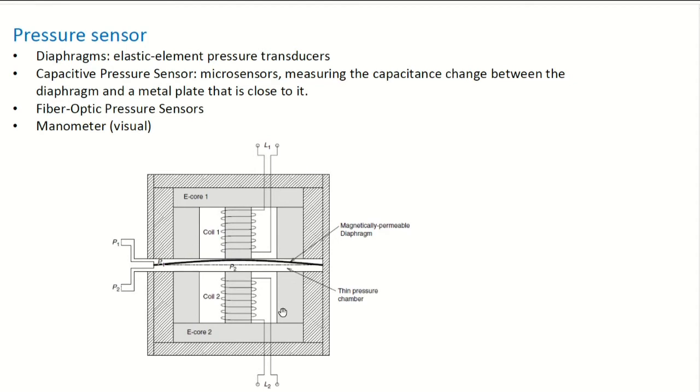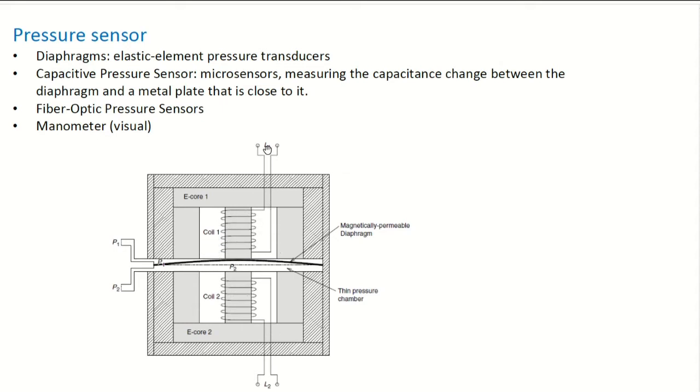It is the same system with a displacement, but in this case you have a very thin diaphragm. Here you have some gas between these two, and it can sense the pressure differential between P1 and P2. This is a little bit exaggerated, but this displacement of the diaphragm will change the current in these coils.